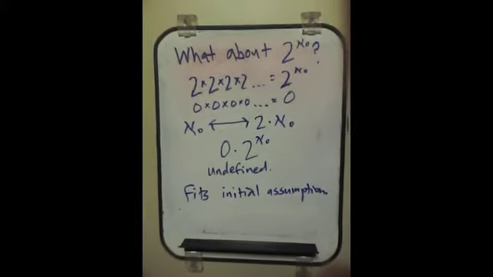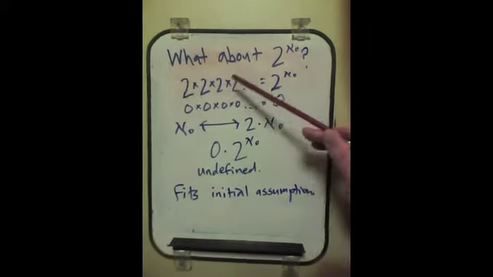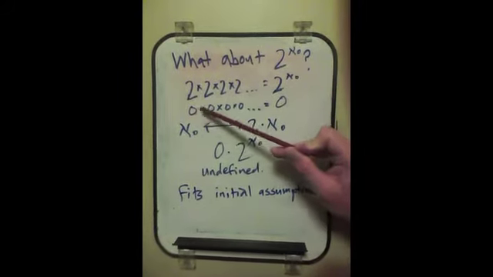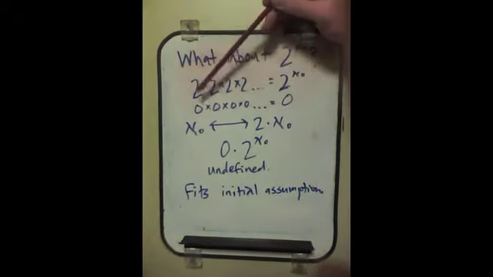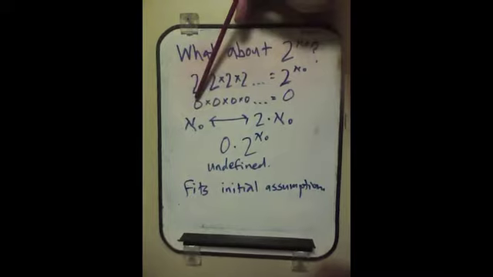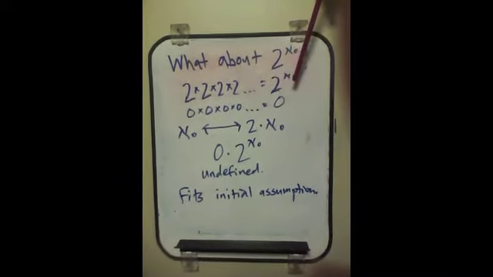Now suppose we had it the other way around, where we had aleph naught place values for our 2's, and then we had 2 times aleph naught place values for our 0's. Well, our 0's would then cancel out our 2's, and yet we would have a countable infinity of 0's left over, in which case our 0 times 2 to the aleph naught would be 0.